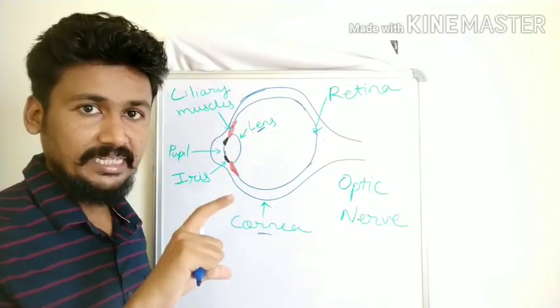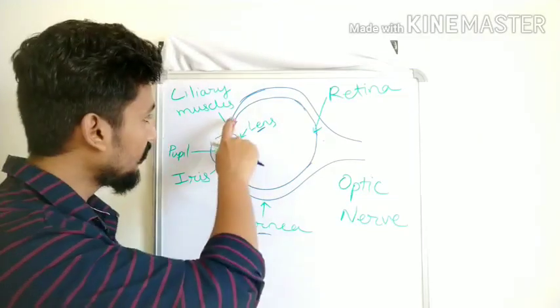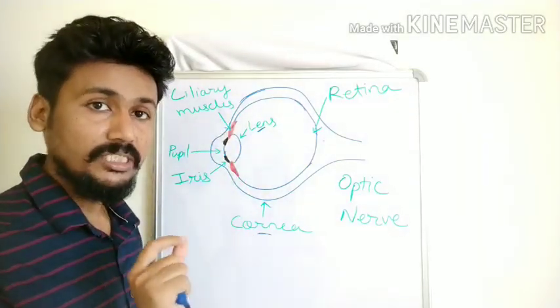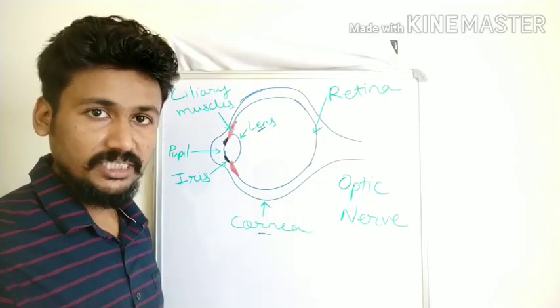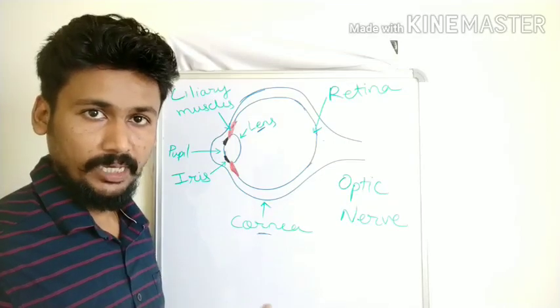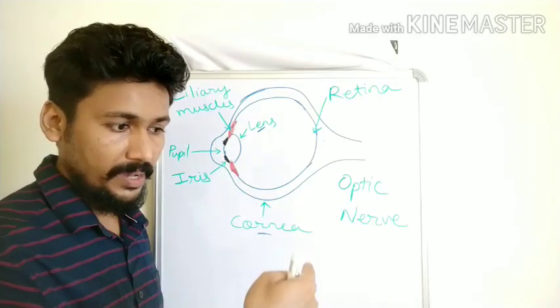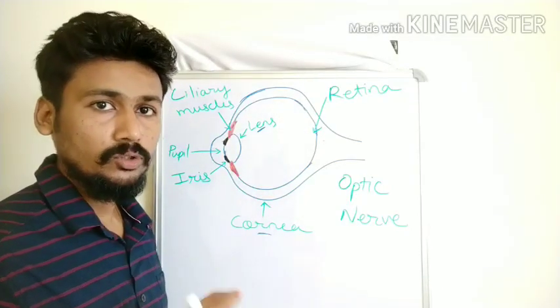By stretching the lens, they can change the focal length. So the function of ciliary muscles is to change the focal length of the eye lens. And why we need to change the focal length is to see different kinds of objects. When you are looking at objects which are nearby and when you are looking at objects that are far away, the focal length needs to change.